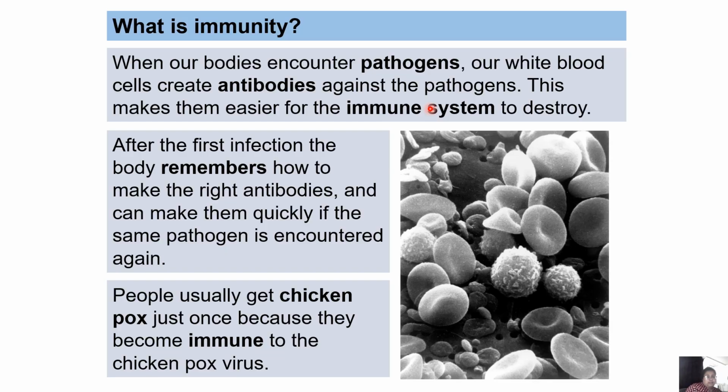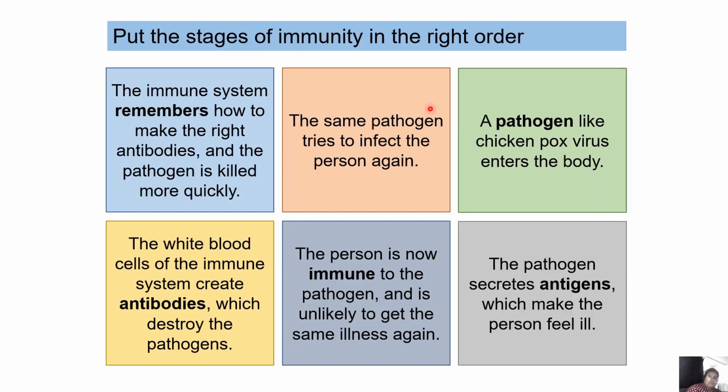So when our bodies encounter pathogens, we discussed this previously, but just as background, our white blood cells will create antibodies against the pathogens, and this makes them easier for the immune system to destroy. So after the first infection, the body remembers how to make the right antibodies and can make them quickly if the same pathogen is encountered again. People usually get chickenpox just once because they become immune to the chickenpox virus.